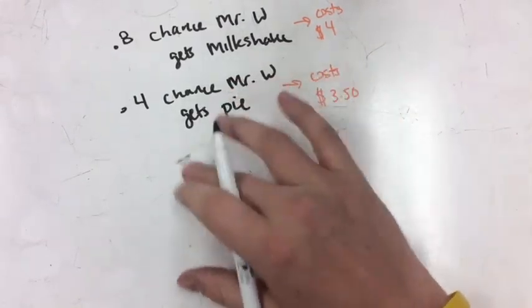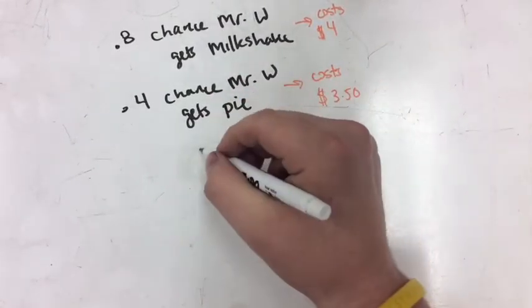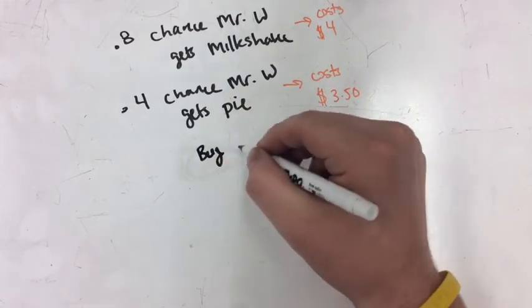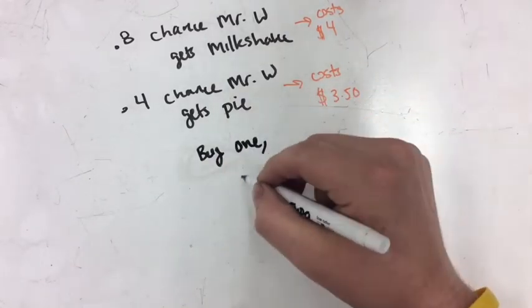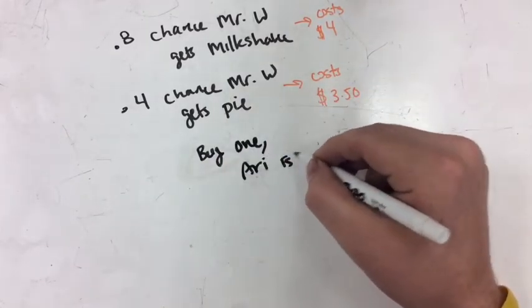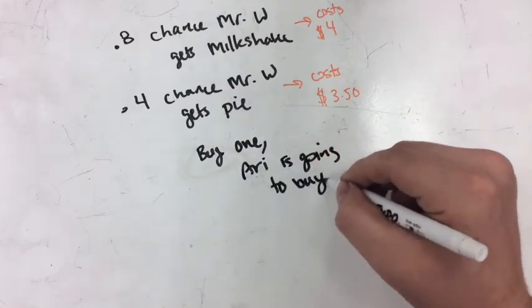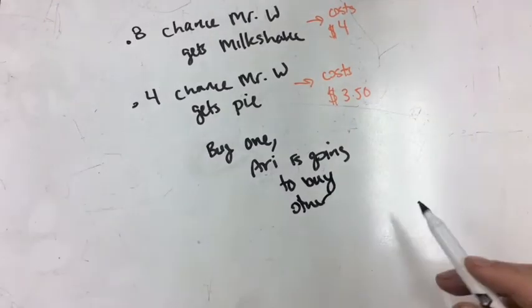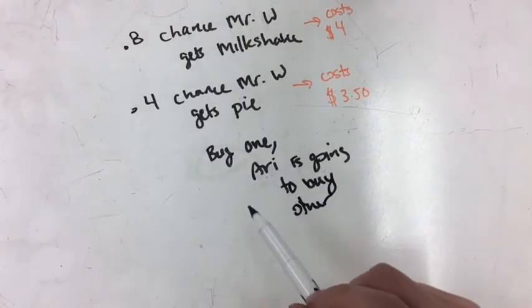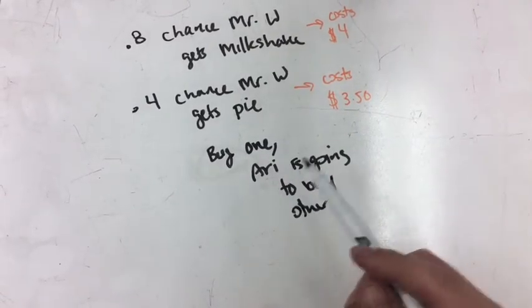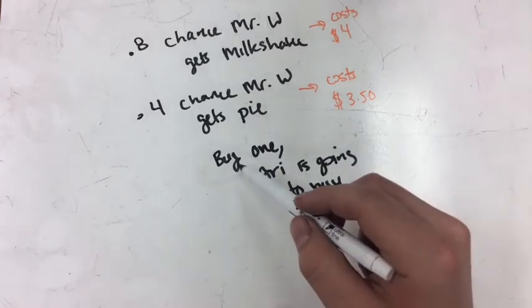Let's say that I am going to buy one, but that Ari is going to buy the other. What is going to be my expected value that I pay?